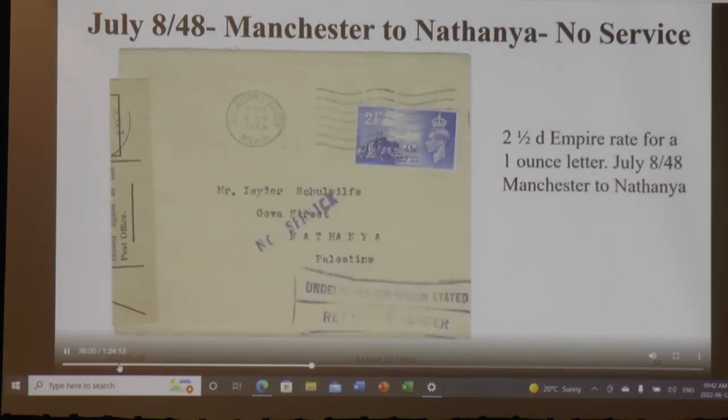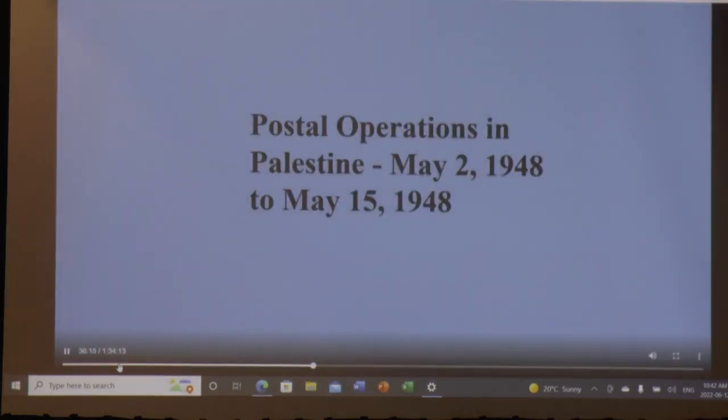Here's one going out of Great Britain to Netanya in Palestine. Different kinds of legends, but nonetheless, no service, undelivered, returned to sender. Here is some censorship tape over on the side that did reflect the censoring of the mail that would otherwise go.